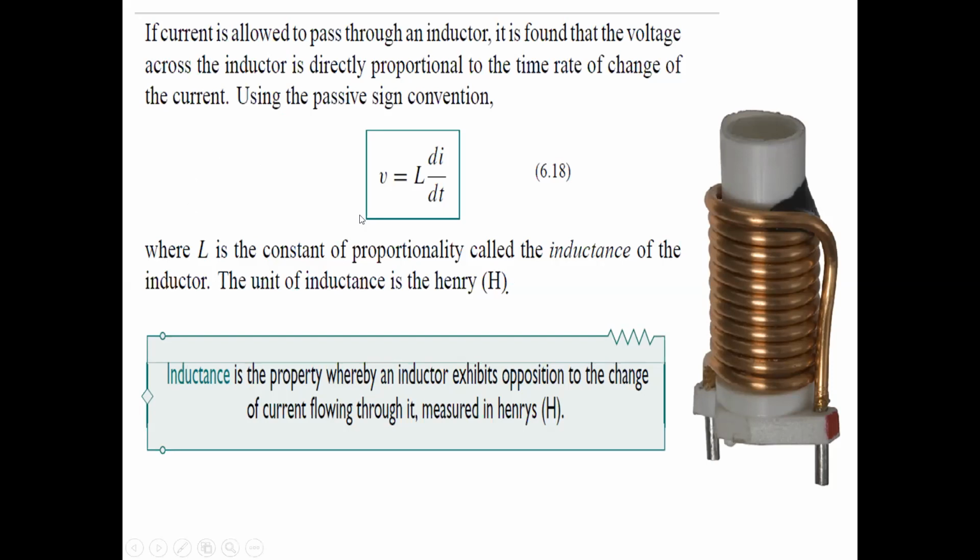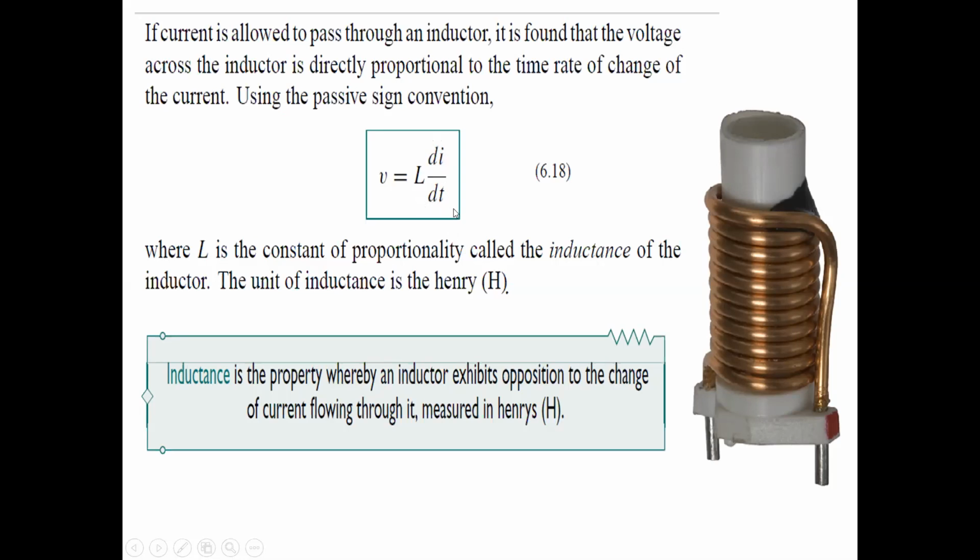Now let's see what happens when a DC source is applied to the inductor. As you can see in the inductor, there is a rate of change of current, and we all know that in a DC current source or DC voltage source, the value of current does not change with time.